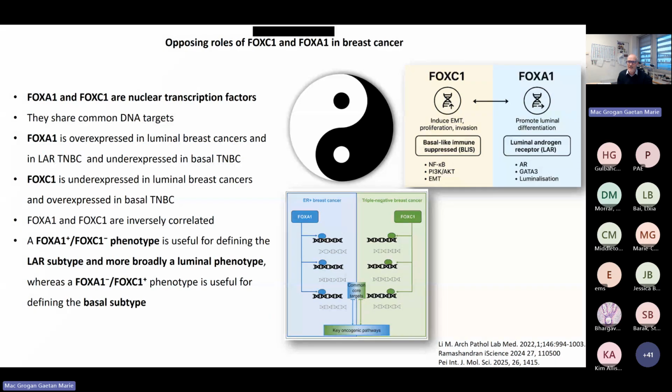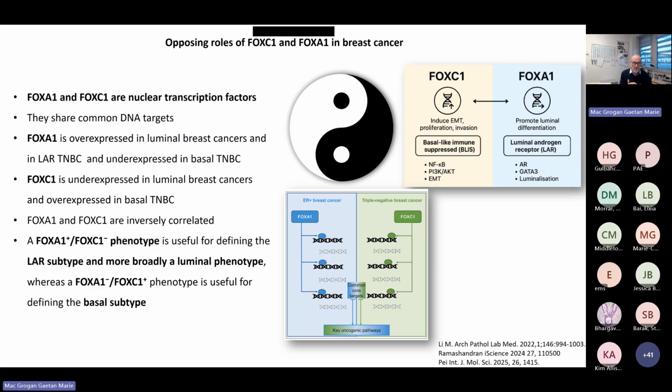And also, I've spoken a lot about FOXC1 and FOXA1 in this talk. Again, FOXA1 and FOXC1 are nuclear transcription factors, and they share common DNA targets. FOXA1 is overexpressed in luminal breast cancers and in LAR TNBC, and underexpressed in basal type TNBC. On the other hand, FOXC1 is underexpressed in luminal breast cancers and overexpressed in basal type TNBC.